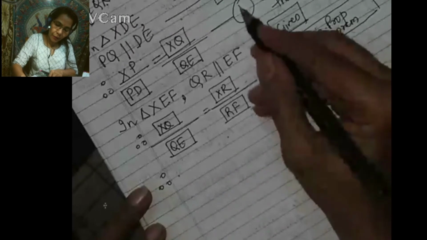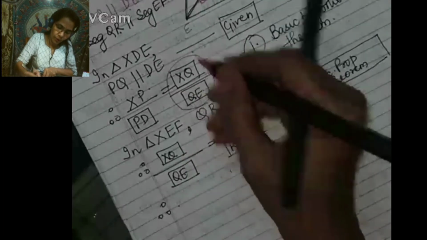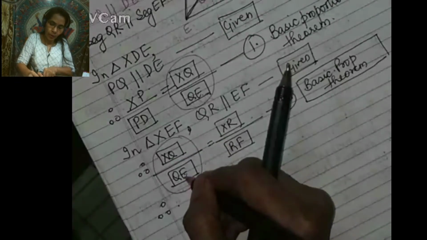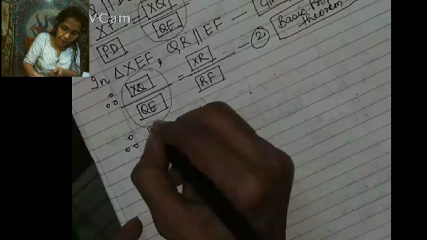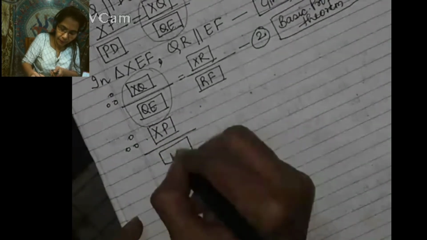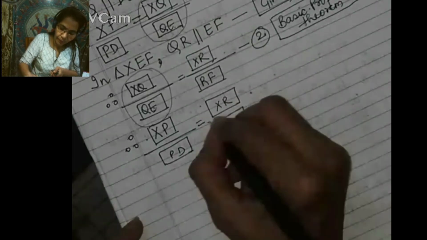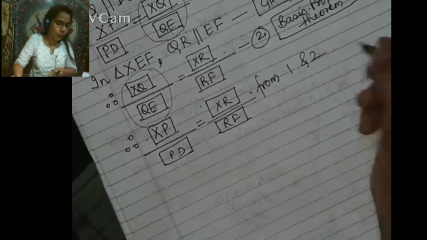Now, if you consider statement number 1 and statement number 2, we have XQ upon QE, and here also we have XQ upon QE. So, I can eliminate that and write XP upon PD is equal to XR upon RF from 1 and 2.